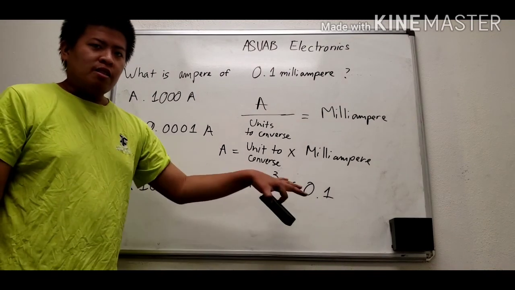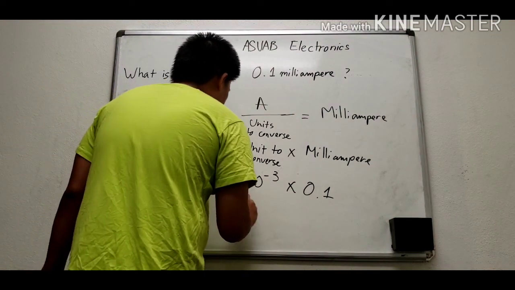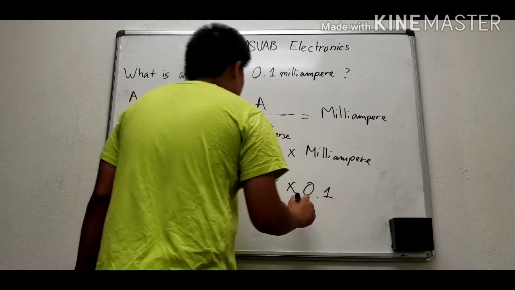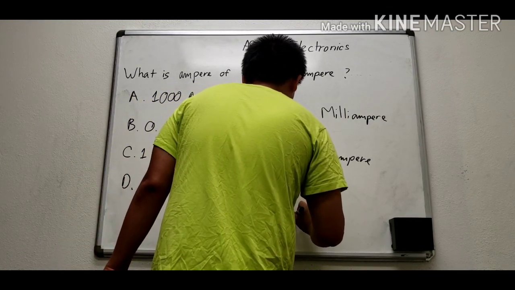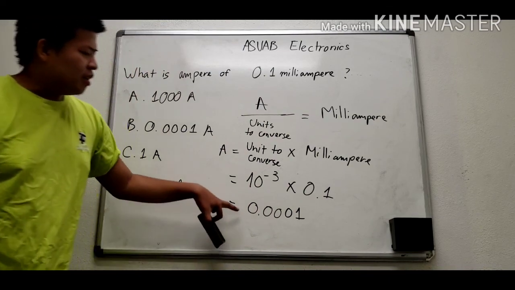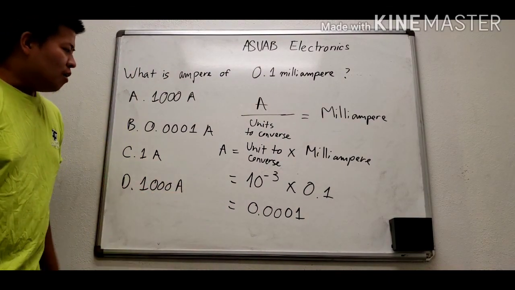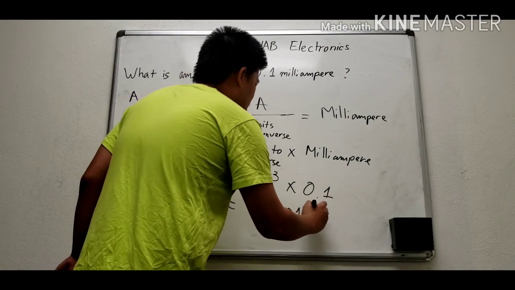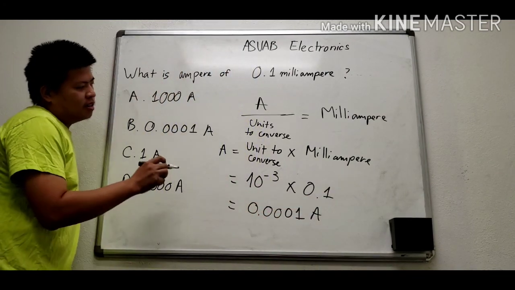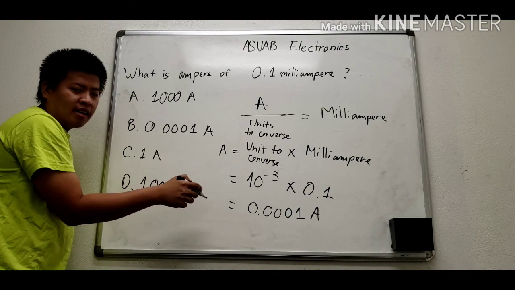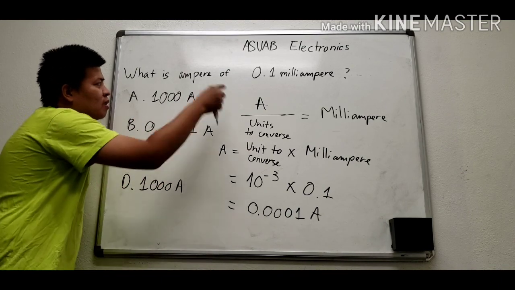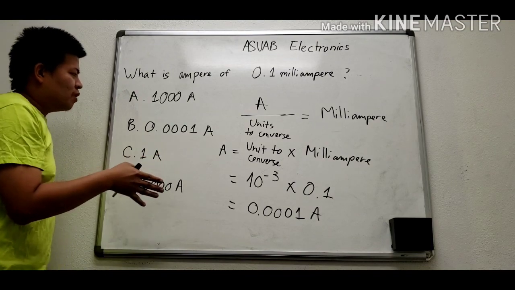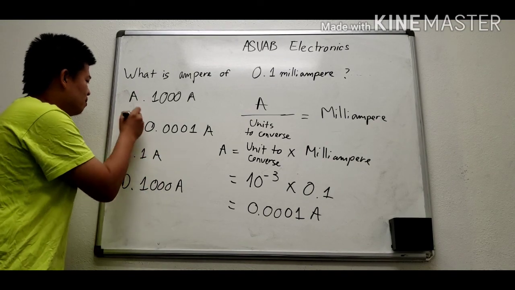We just multiply together, and we get 0.0001 ampere. After we do it like this, we can figure out the ampere or the milliampere. So the answer for this question is B.